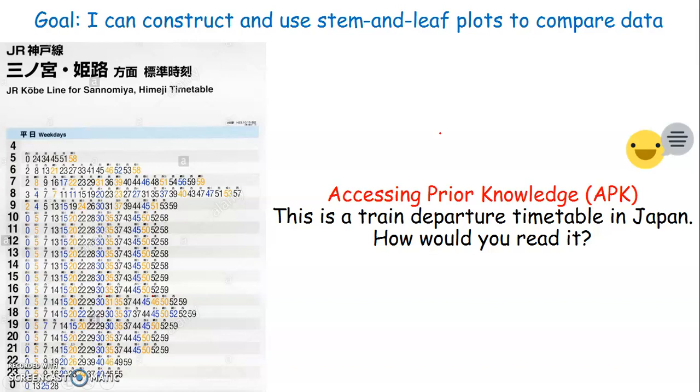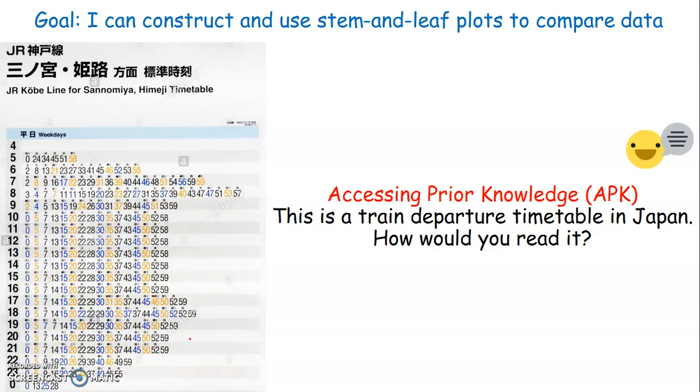So the way that we would read this plot is that, for example, this one here, we have 10 and then 0. So we have a train departing at 10 o'clock, right on the dot. Then you have 5 minutes past 10, then 7 minutes past 10, and so on. From this plot, we can get a lot of information.